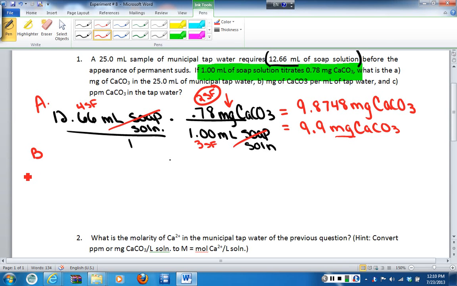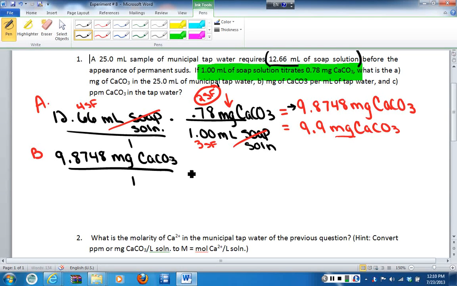So essentially what we have to do is divide by 25 milliliters. Since we are using this number, we want to make sure that we use the unrounded number. So we have 9.8748 milligrams of calcium carbonate. And since we want it per milliliter, we have to divide by the sample size, so 25 milliliters.